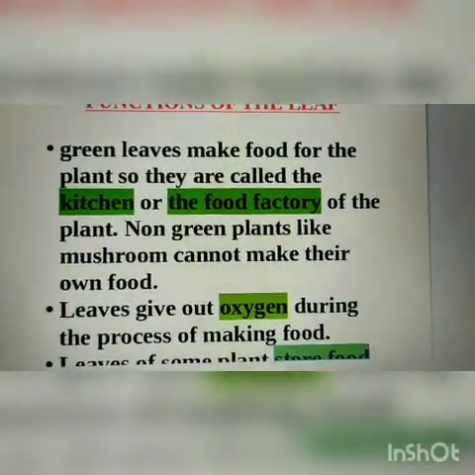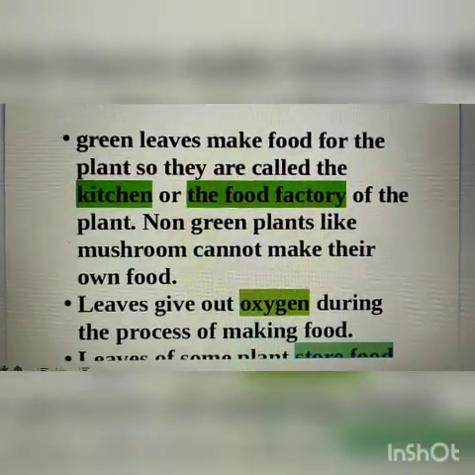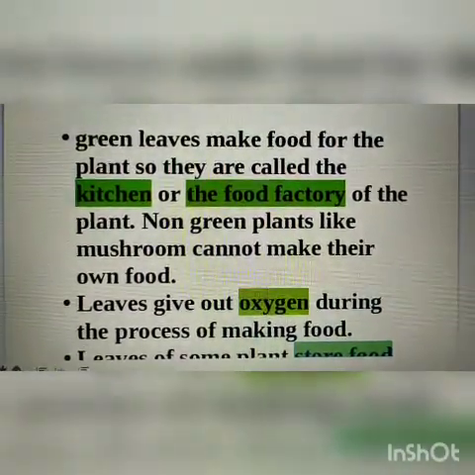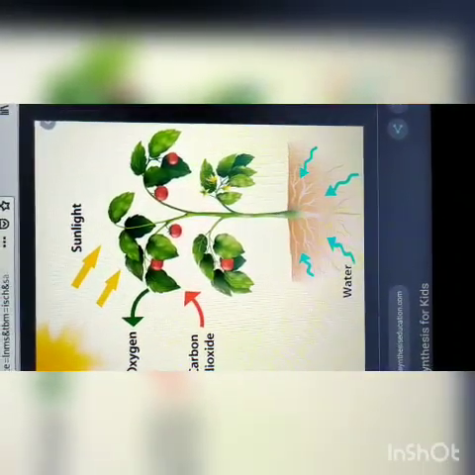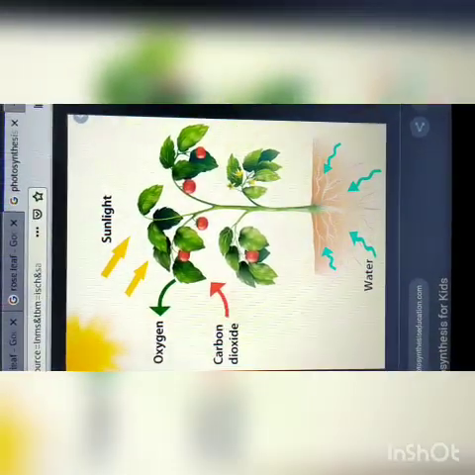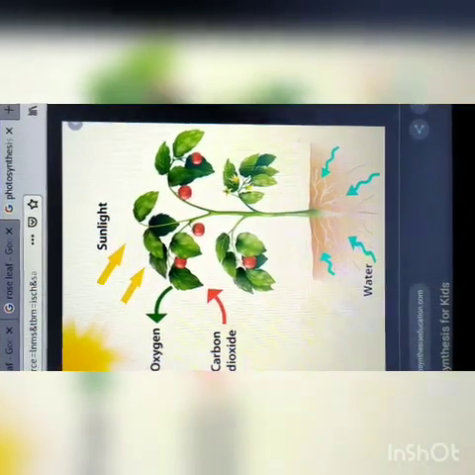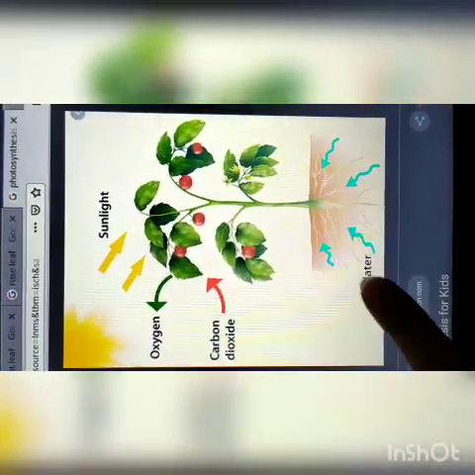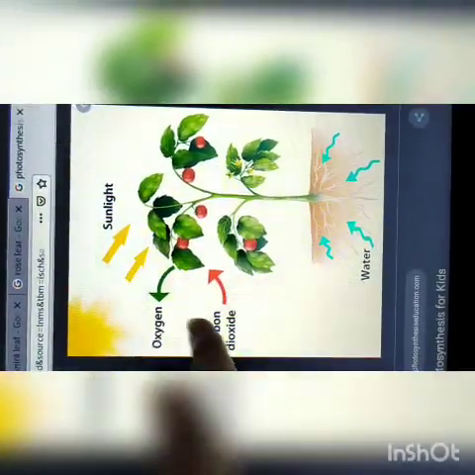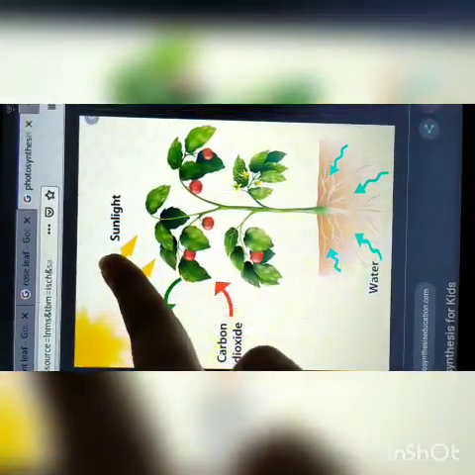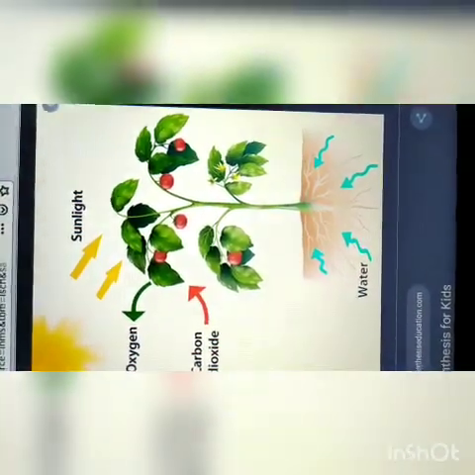Now, we'll see how they prepare food in the leaves. Just look at this image. Green leaves prepare food for the plants. They use water, air, and sunlight, in the presence of a green substance called chlorophyll.